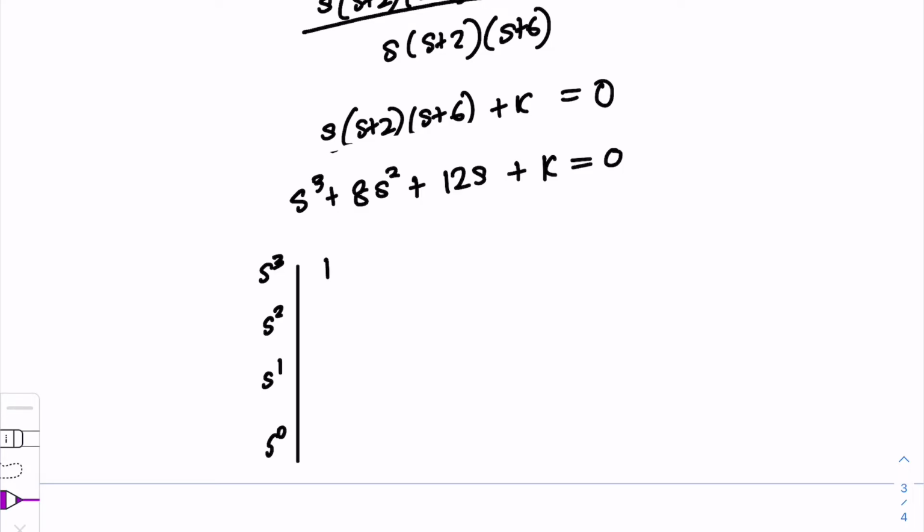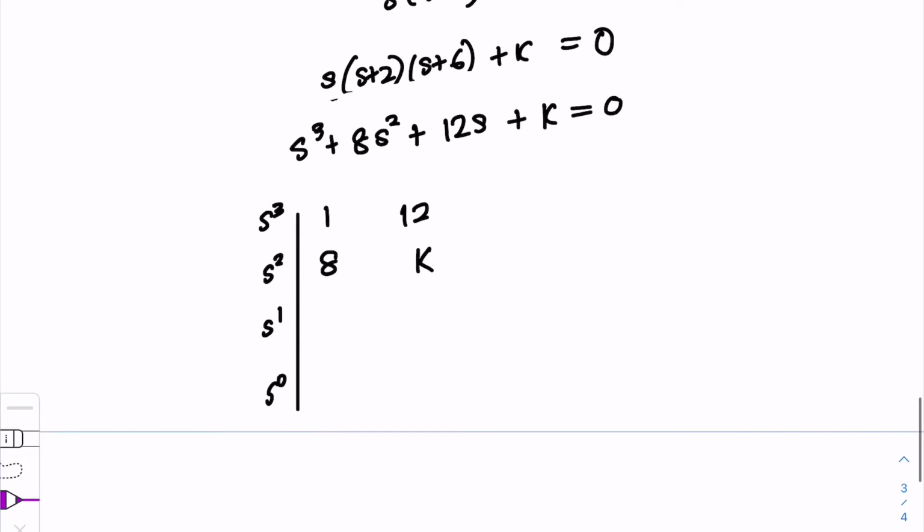I will fill the first two rows with the coefficients. For s cubed, the coefficient is 1. I'm going to skip 8 and go to the next one, which is 12. For s squared, the coefficient is 8. I will skip 12 and go to the next one, which is K. Then for s to the power of 1, we will do the calculation. I have 8 multiplied by 12 minus 1 multiplied by K, divided by 8.